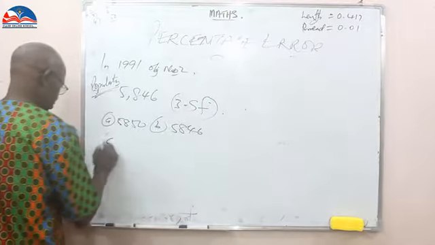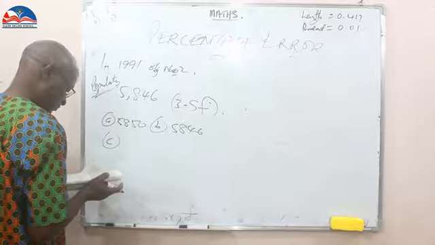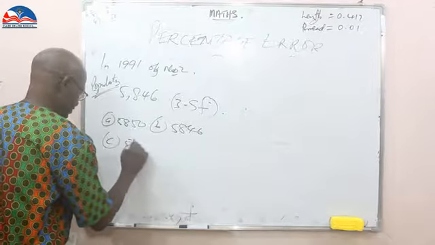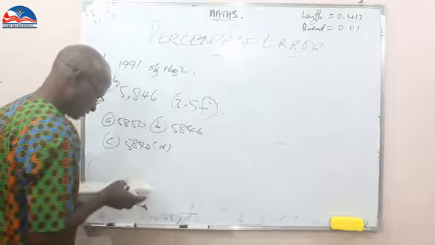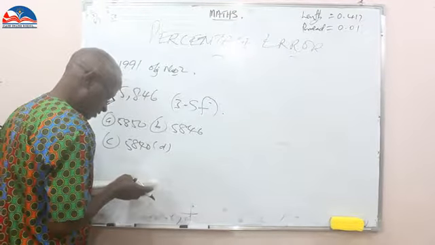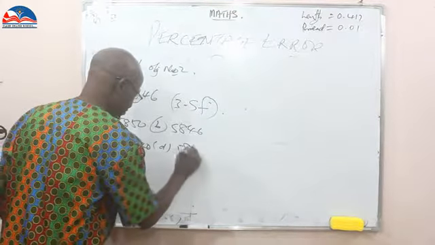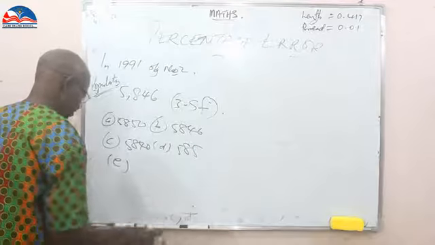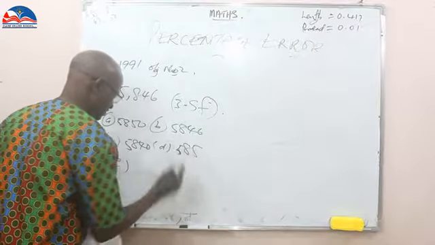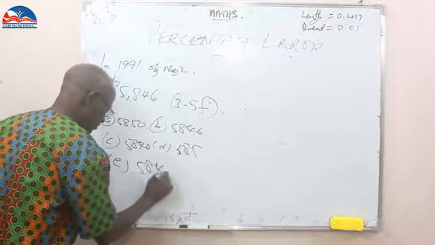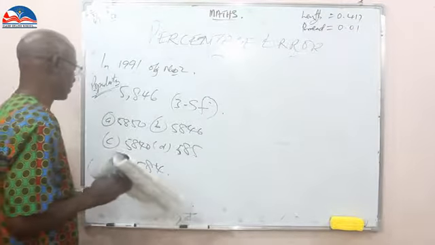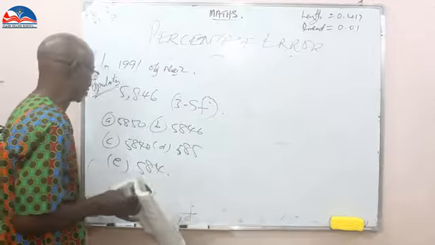Option C says 5840. Option D says 585. And E says 584.